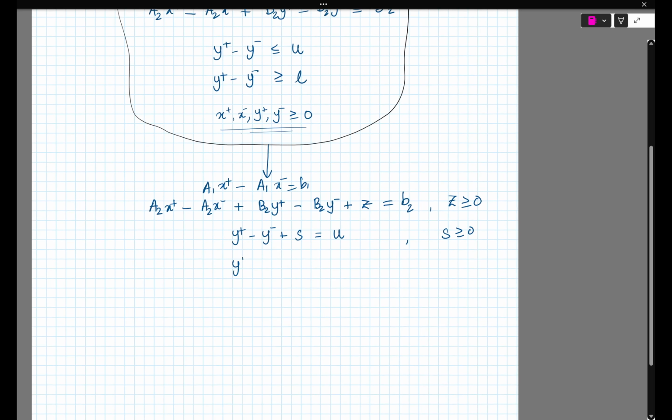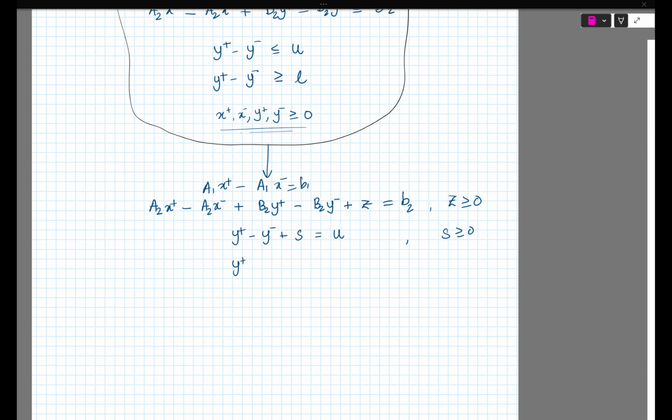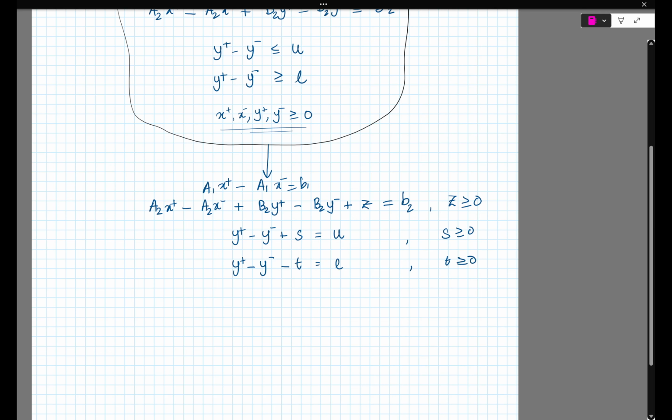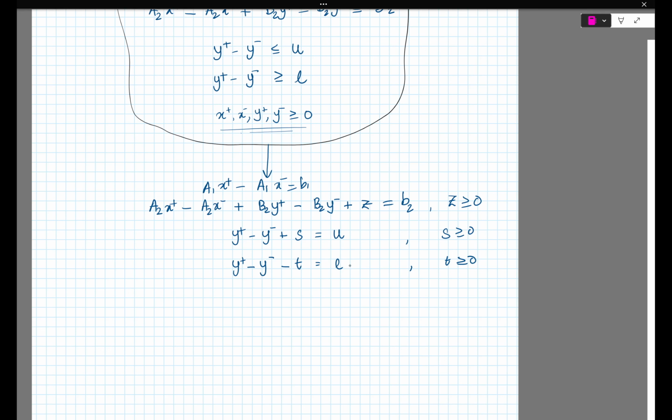And again y plus minus y minus minus s, sorry, minus t is equal to L, and t is also greater than or equal to 0. Okay, y plus minus y minus should be greater than L, right? So if I subtract some positive value, t is a positive variable, it should become equal to L.